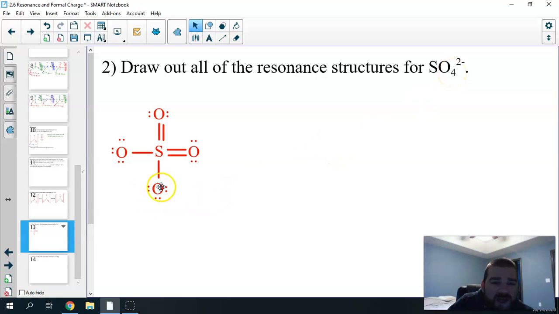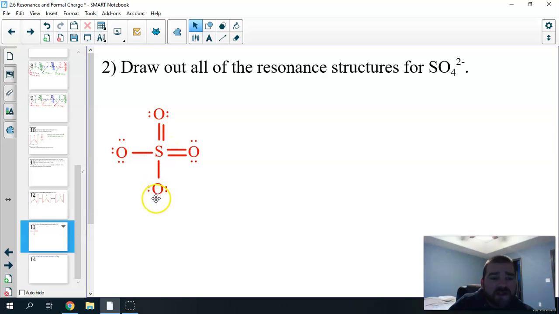So if I tried to make a third double bond, what ends up happening is I end up getting a negative charge on my sulfur. Now, this is a rule in 2.5 that we haven't really discussed yet, but it is in there. There's a rule that says that we want to have negative charges on more electronegative elements. So oxygen is more electronegative than sulfur.